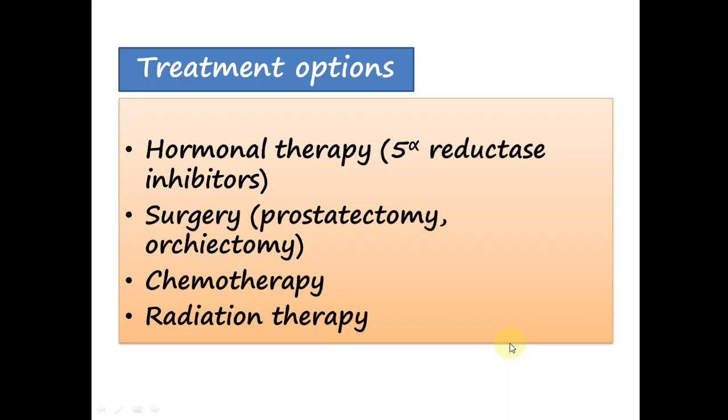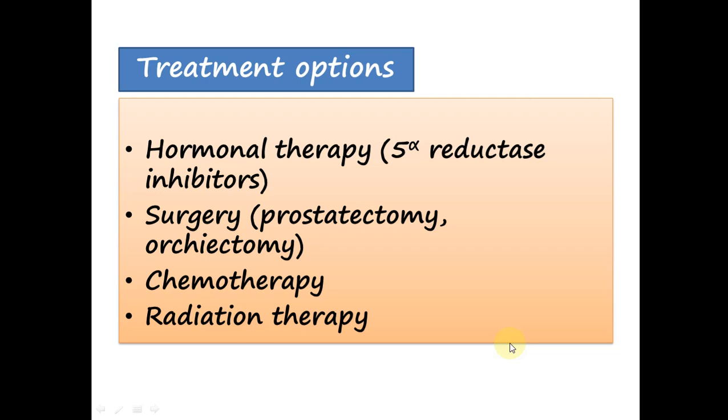The treatment options for the carcinoma prostate include hormonal treatment. For example, we may use 5-alpha reductase inhibitors to prevent the conversion of testosterone into dihydrotestosterone, which will rapidly accelerate the growth, multiplication, and proliferation of the prostatic tissue.